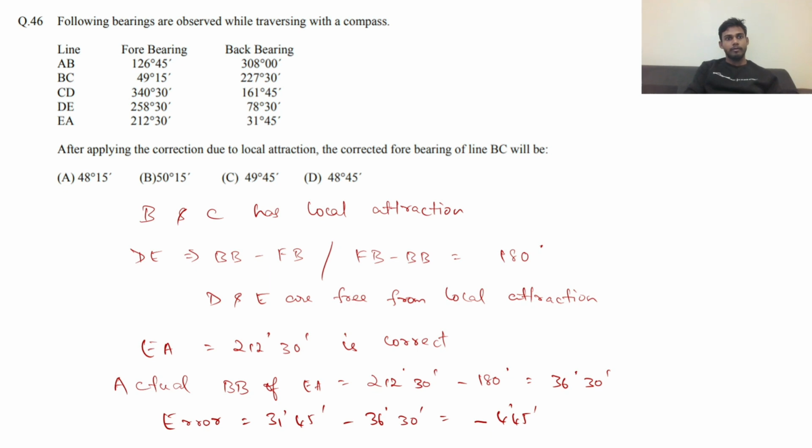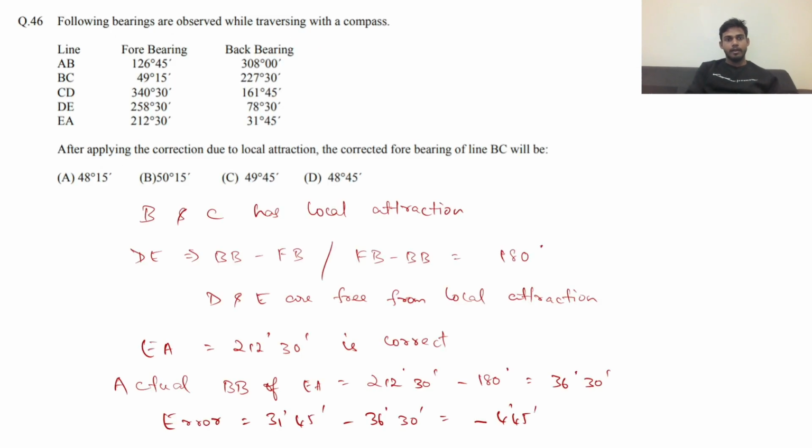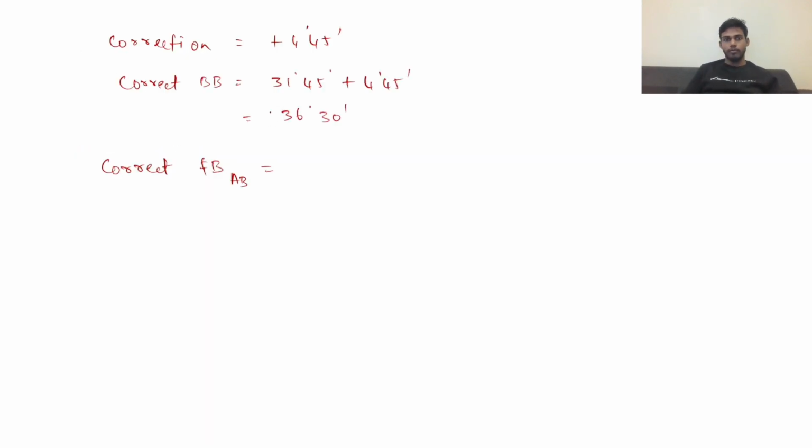Therefore the correct forward bearing of AB will be the bearing of B with respect to A. So it will be equal to 126 degrees 45 minutes plus 4 degrees 45 minutes.